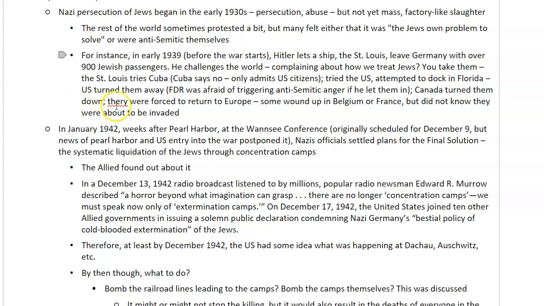And so, after tooling around the world, the captain was forced to bring them back to Europe. Some wound up in Belgium or France, not Germany, but they didn't know that they were about to be invaded. So about a quarter of the people on the boat eventually were killed in the concentration camps, we think. Some of them did survive the war.